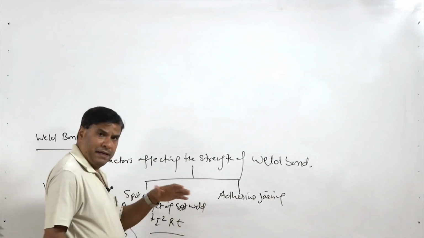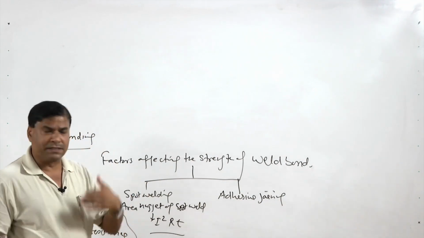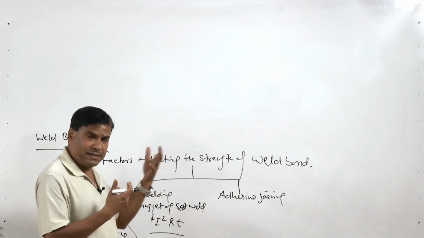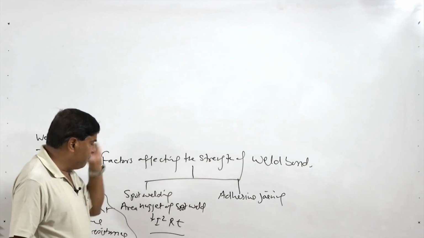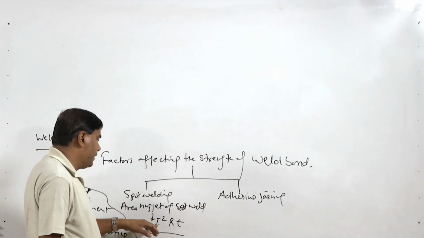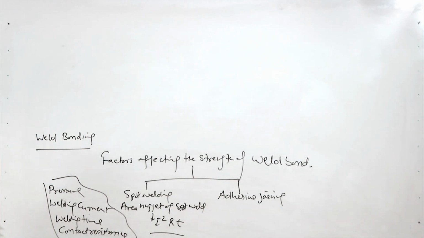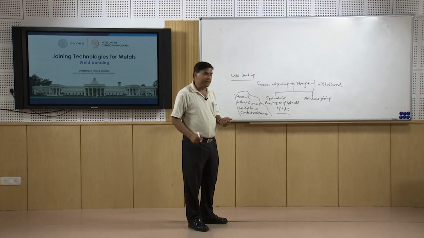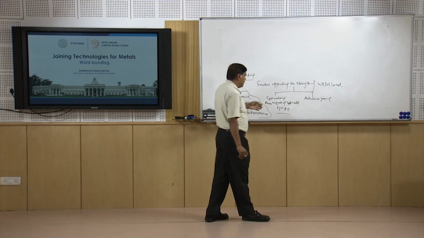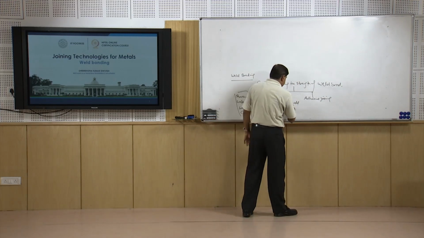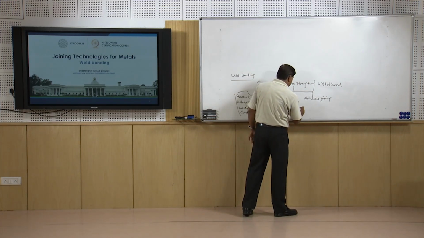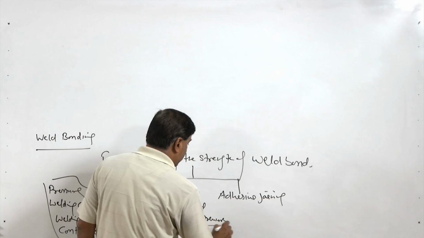Increase in time increases the heat generation, so increases the weld nugget area, which in turn increases the strength of the weld bond also. Similarly, the increase in welding current increases the heat generation, which increases the weld nugget area, and therefore the strength of the weld bond is also increased. On the other hand, the pressure directly affects the contact resistance.